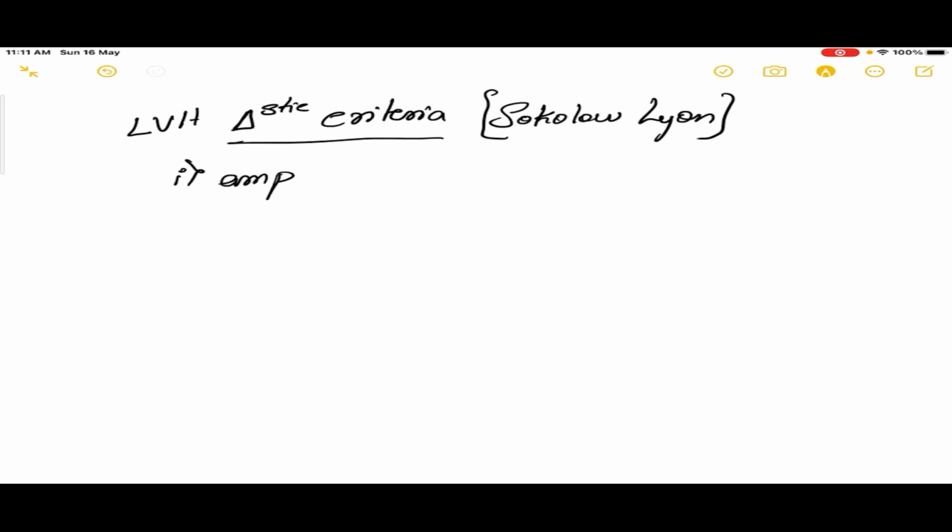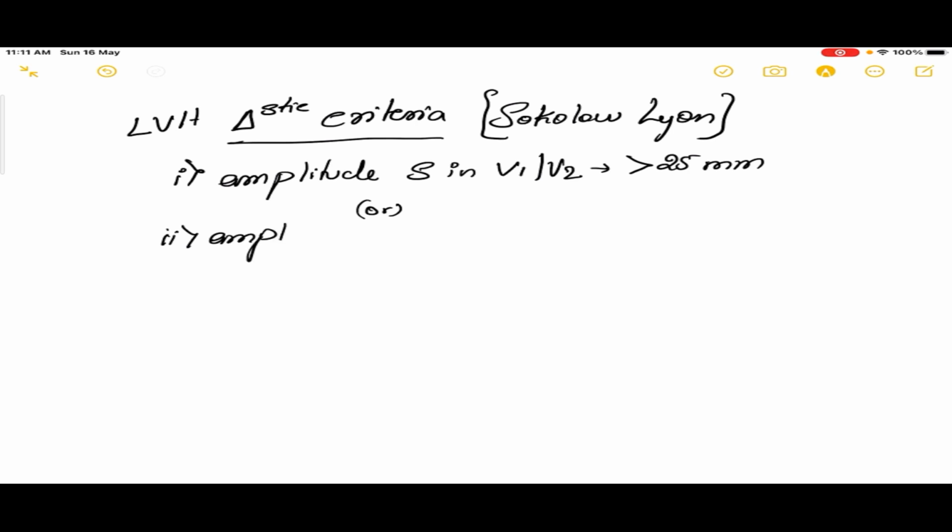The amplitude of the S wave in V1 or V2 chest lead is more than 25 mm, or the amplitude of the R wave in V5 or V6 is more than 25 mm.